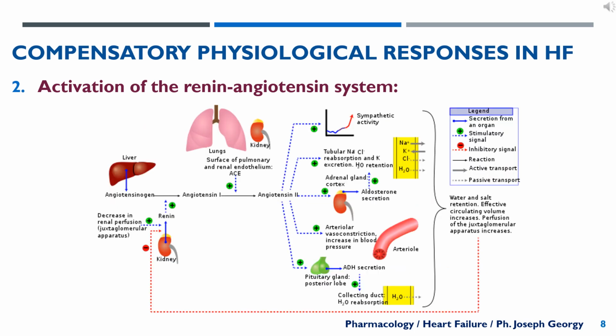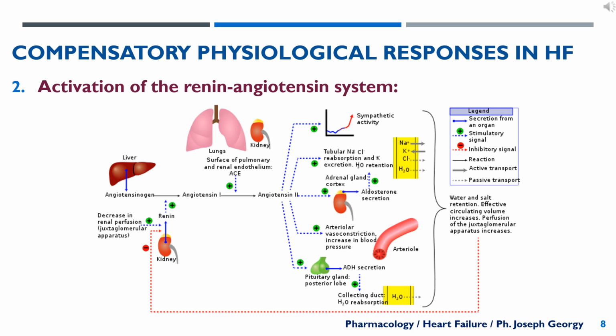Okay, actually when we take a look on this figure, we can understand more about the steps of the activation of the renin-angiotensin system, and thus understand why we will have water and salt retention and high blood pressure as a result of this activation.